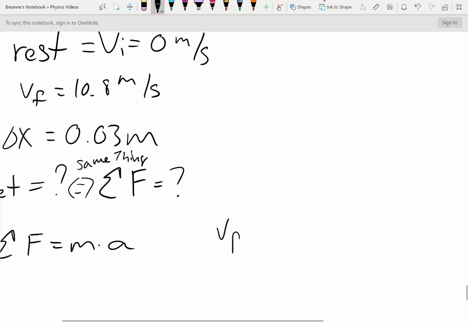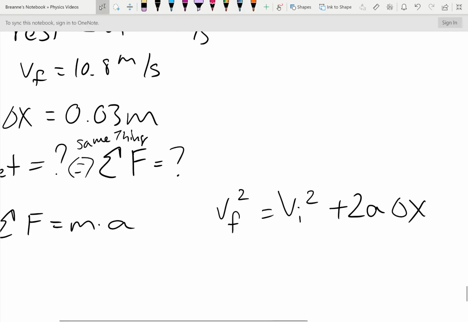So we have our final velocity squared equals initial velocity squared plus 2a delta x. So we can actually find our acceleration. So final velocity was 10.8 squared. Initial velocity was 0.